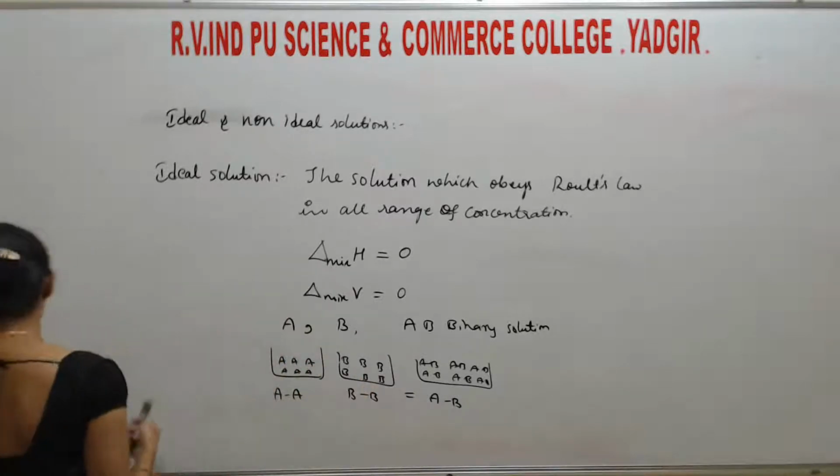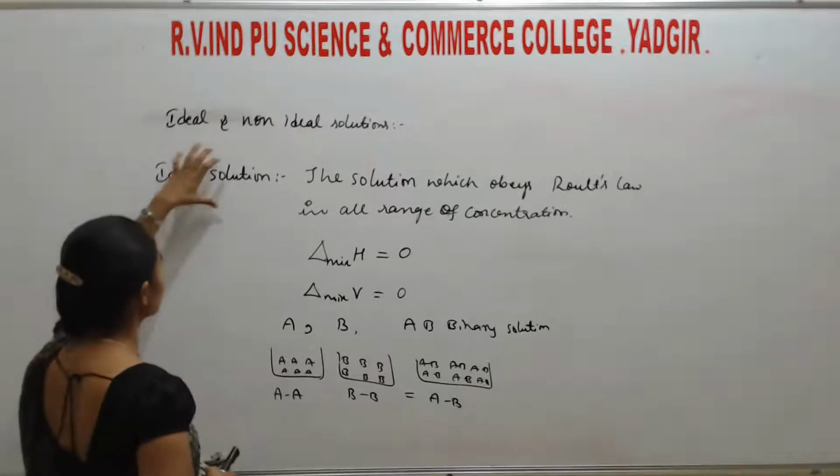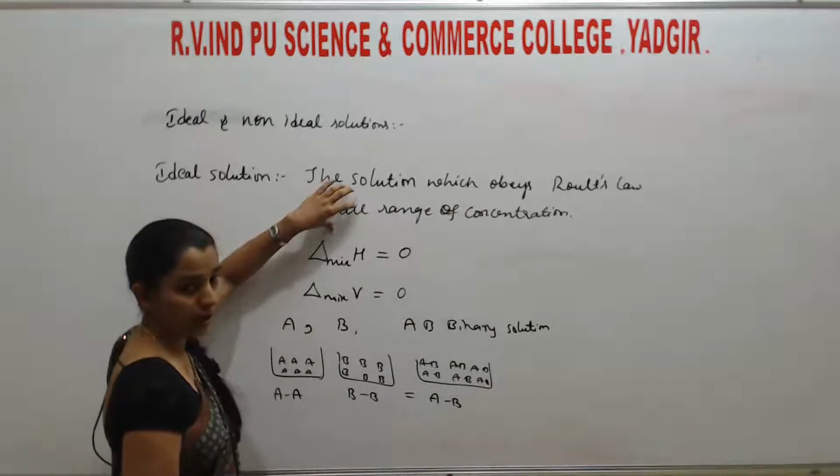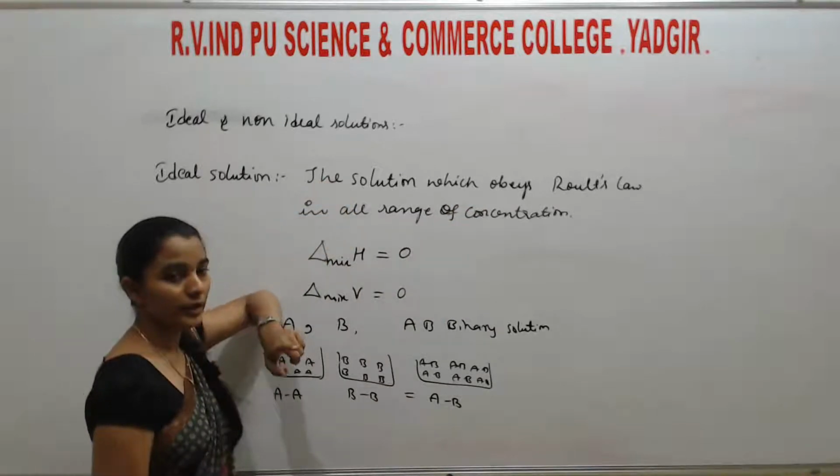Then what is a non-ideal solution? You can easily say the solution which doesn't obey Raoult's law is called a non-ideal solution.